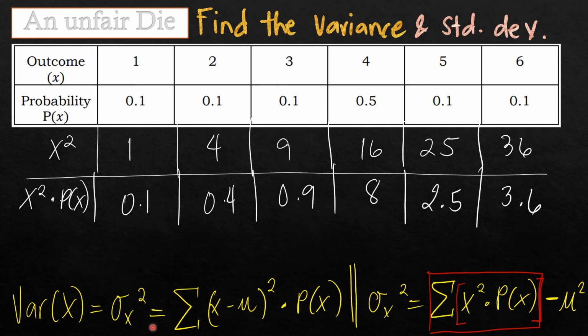After that, it says the quantity x squared times p of x is to be added, a summation.